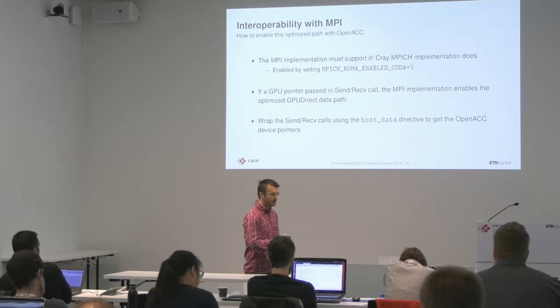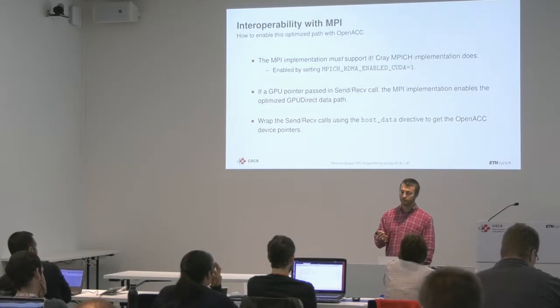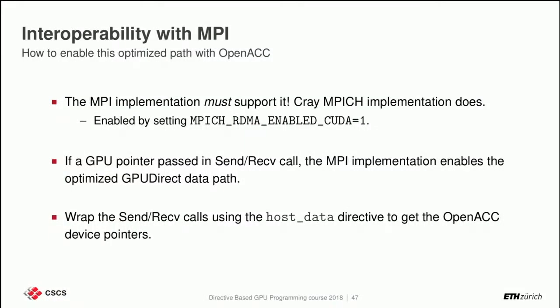So you have your OpenACC data on the device, and then instead of just doing an update to get it back and then using normal MPI calls, you wrap the MPI calls in a host data use device, and you pass the arrays.